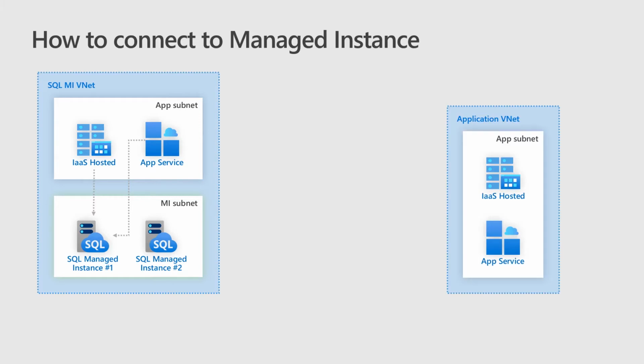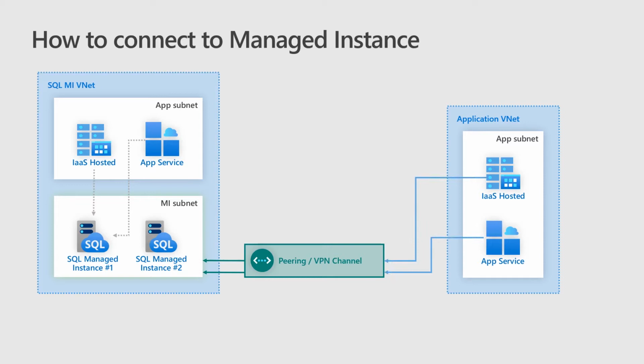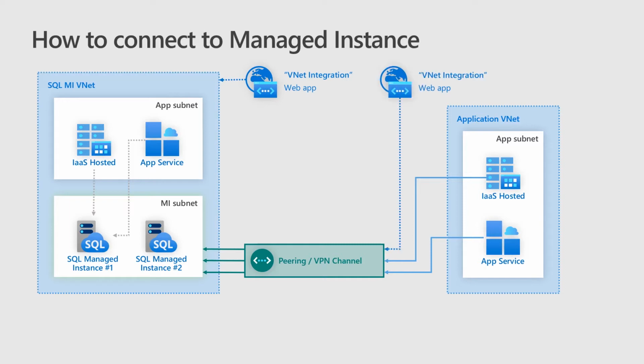Or you can have a separate application VNet, again with different hosting options, and then leverage some of the peering or VPN channels to connect your application VNet with the MI. If you have a web application, you can use the VNet integration option, either directly or through the peering channel.